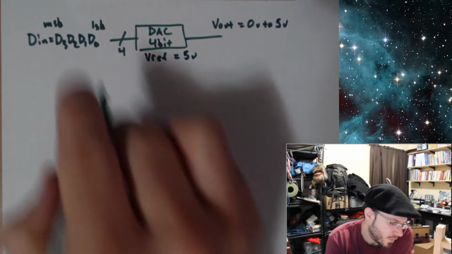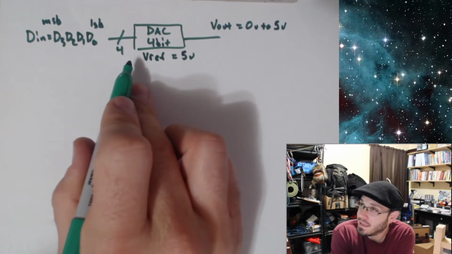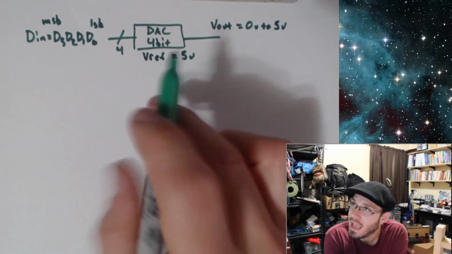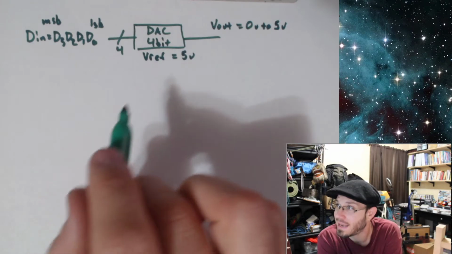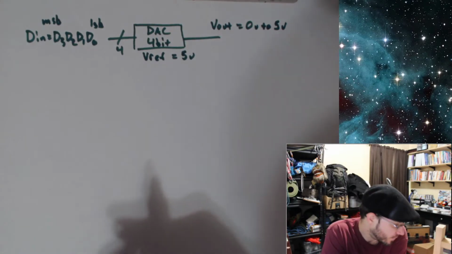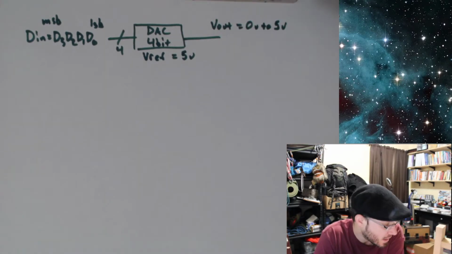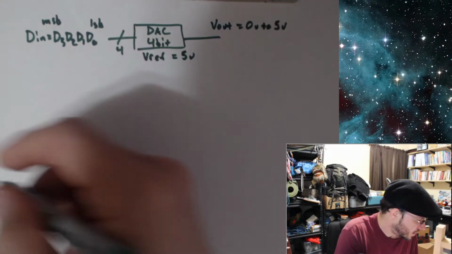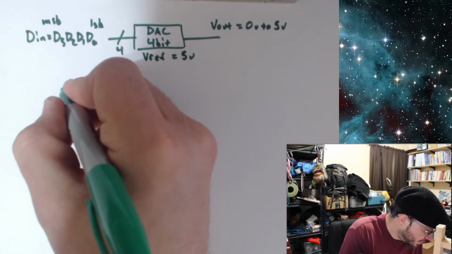So once I've specified how many bits of input my DAC has and what my VREF is, I have an entirely defined digital to analog converter and I know everything that I need to know about it. I can calculate everything from here. So let's set up this table.